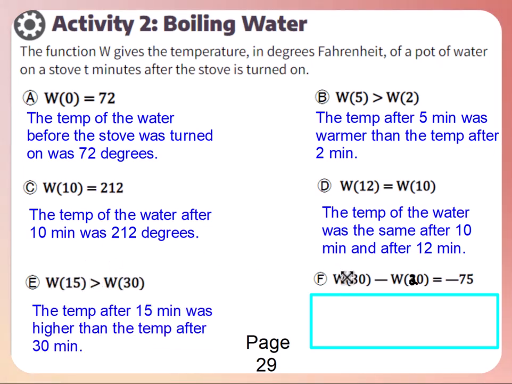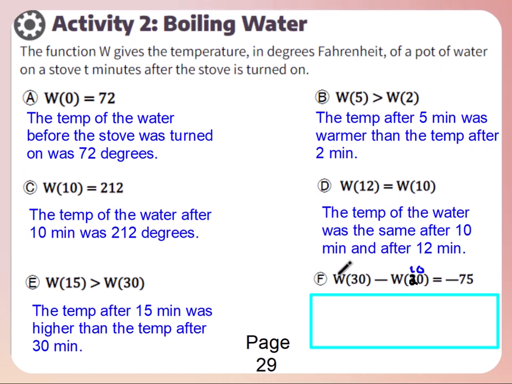F, the water temperature at 30 minutes minus the water temperature at, I can't tell what that is. It looks like a 2. Let me look in the book on page 29. Yes, that's a 2. The water temperature at 20 minutes. Now we're not subtracting 20 from 30.